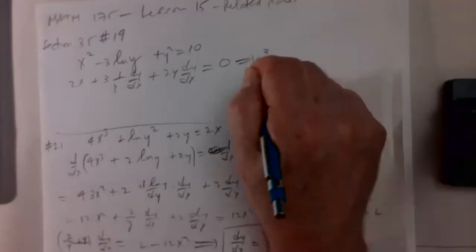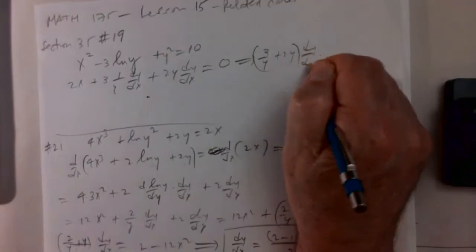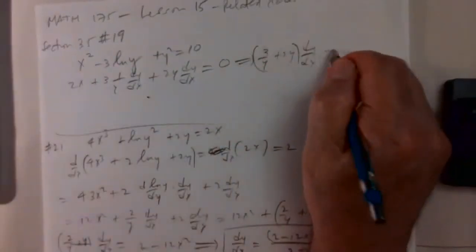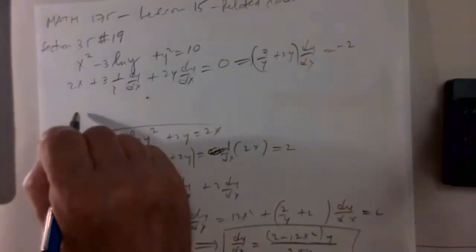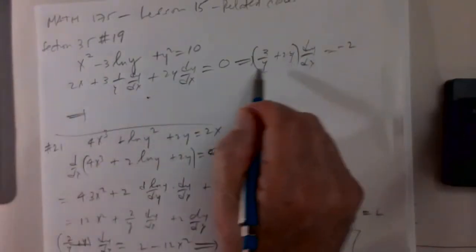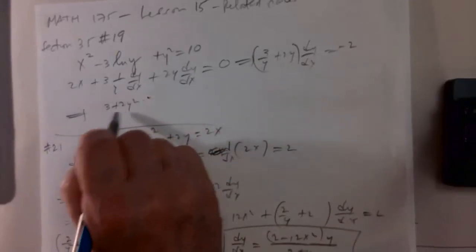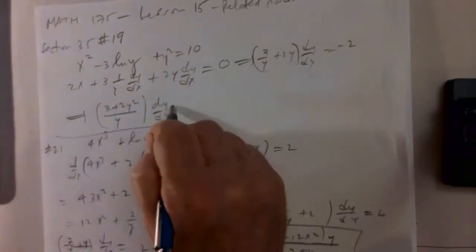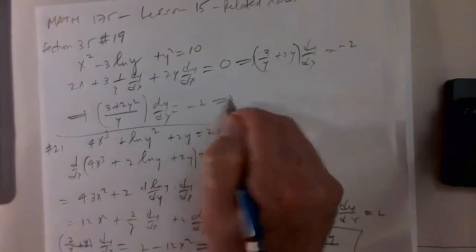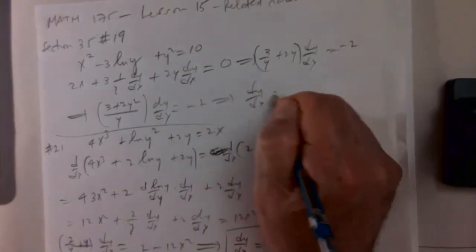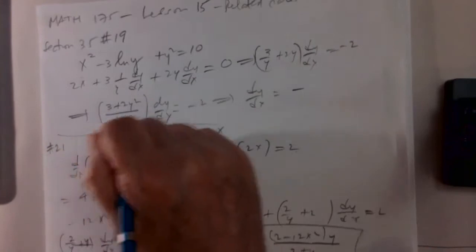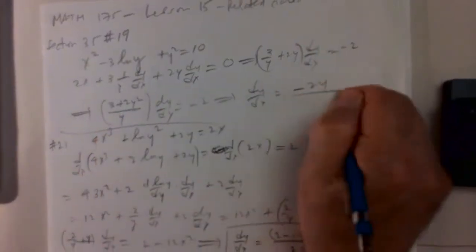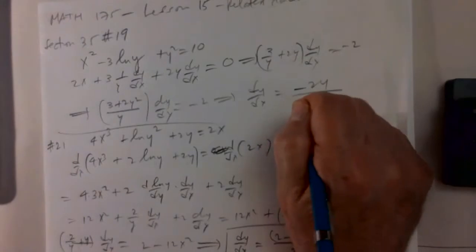So I get 3 over y plus 2y times dy/dx. Bring this over to the other side, it's minus 2x. So this is the same as 3 plus 2y squared over y, times dy/dx, equals negative 2x. So dy/dx equals, just multiply by the reciprocal, minus 2xy over 3 plus 2y squared.